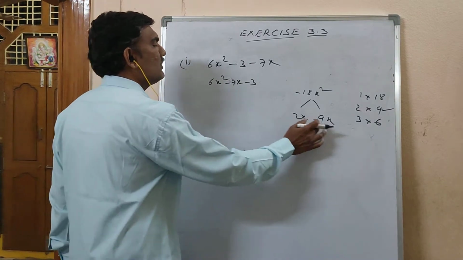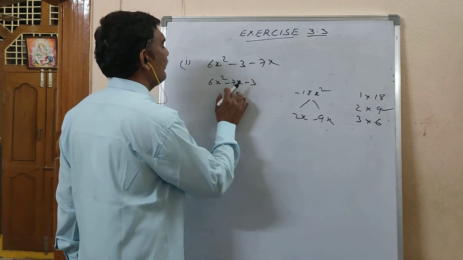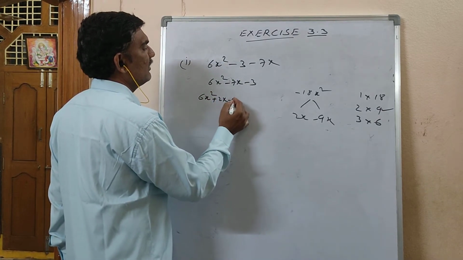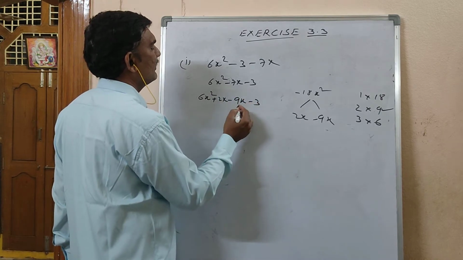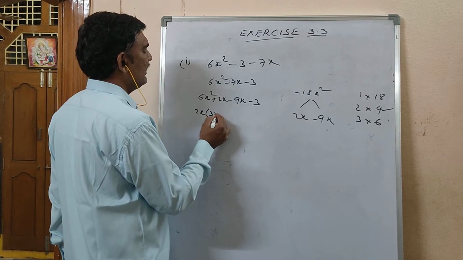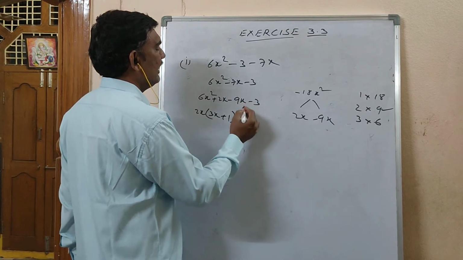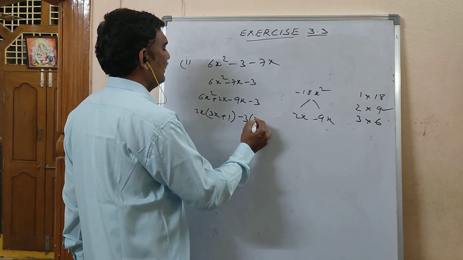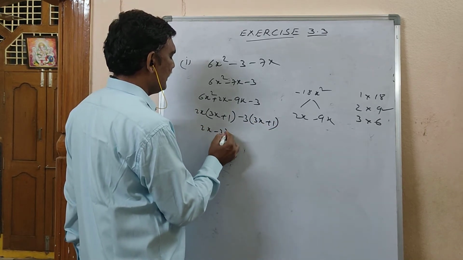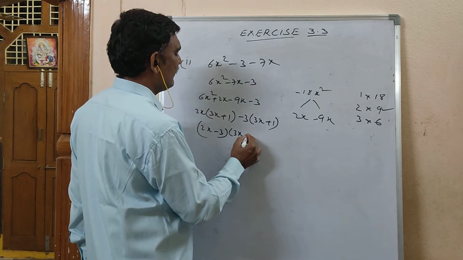If you multiply these two, you are getting this one. If you add these two, you are getting minus 7x. 6x square plus 2x minus 9x minus 3. Then from the first two terms, take 2x as common. 3x plus 1. And here minus 3 take as common. 3x plus 1. So 2x minus 3 into 3x plus 1.